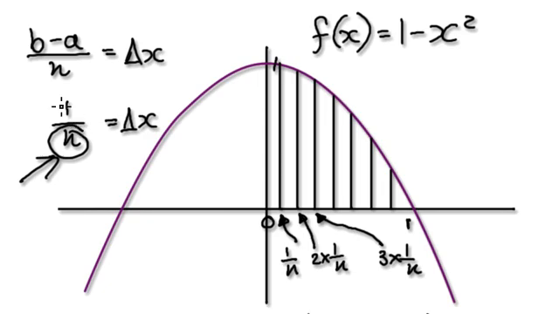So 1 over n represents your delta x. Your delta x is this length here. This is delta x, and this is delta x, and so on. Each strip has a width of 1 over n, and the x coordinate right here would be 1 over n.